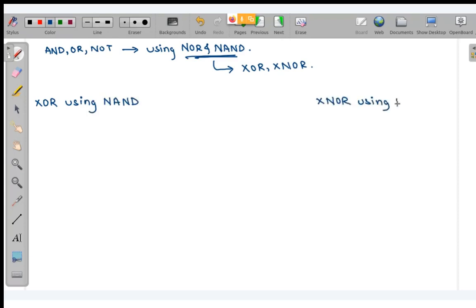How many NAND gates are required for constructing XOR, and for XNOR?